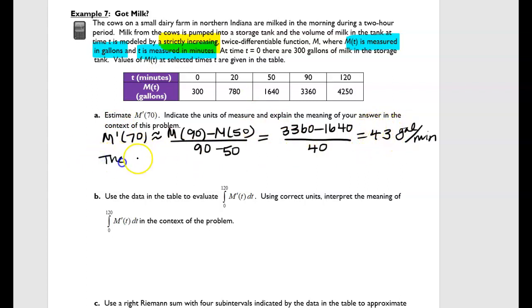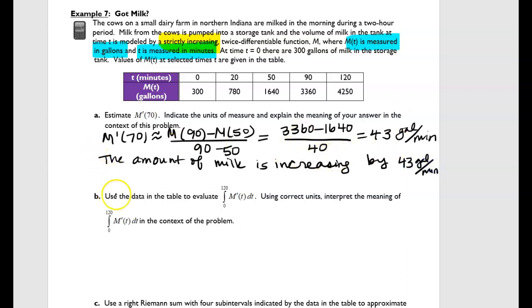So the amount of milk is increasing by 43 gallons per minute at t equals 70 minutes. Remember, the derivatives are at specific time periods. Integrals are over a time interval. So derivatives at a certain time, integrals are over a time period.